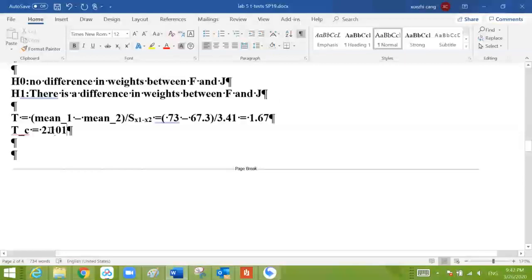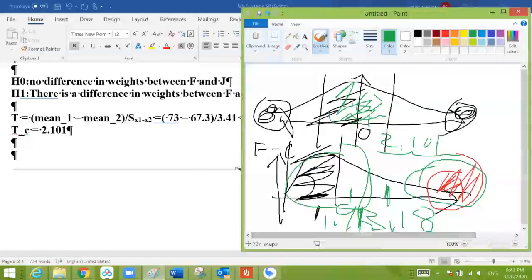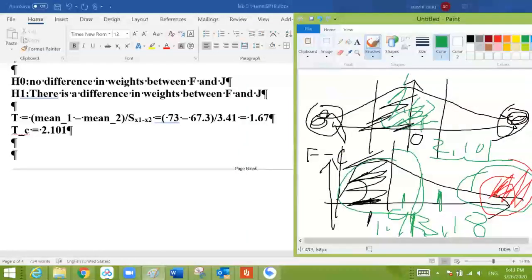We can see this number is greater than our t-value here, 1.67, which means we should accept our H0 hypothesis, which is represented by the middle part of this distribution.